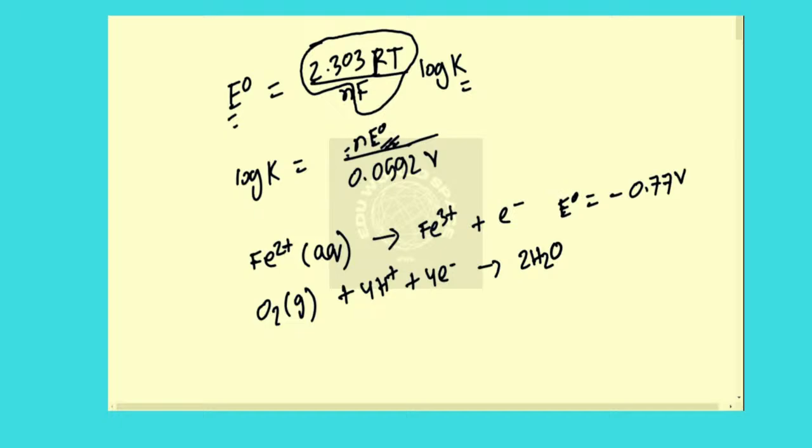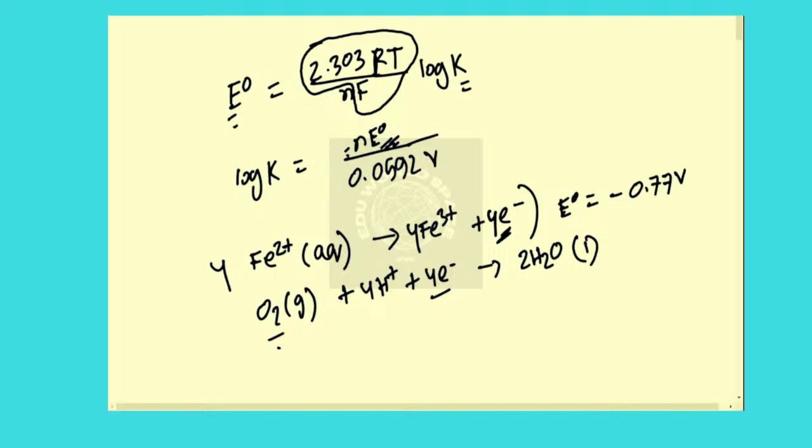As we see that we need 4 electrons to reduce the oxygen, that means we'll have to multiply the first equation by 4, so that we get 4 electrons there. So it will be 4 Fe2+ giving 4 Fe3+ and 4 electrons, and the standard potential for this reaction is minus 0.77 volt.